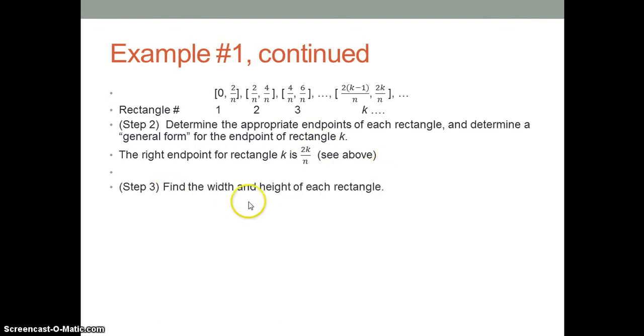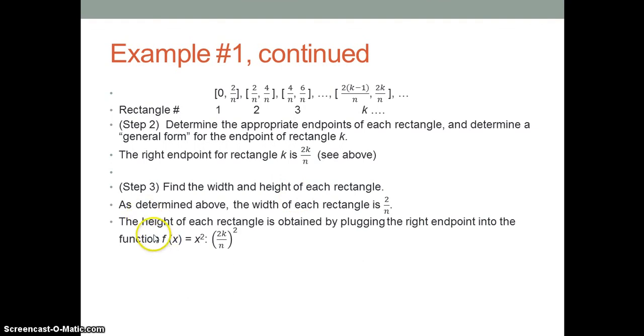Then we need to find the width and the height of each rectangle. The width we already figured out. The width of each rectangle is going to be 2 over n. That was from the very beginning. And then the height of each rectangle, if you remember when we were doing our charts, can be found by plugging that endpoint, in this case the right endpoint, into the function. The function was x squared.